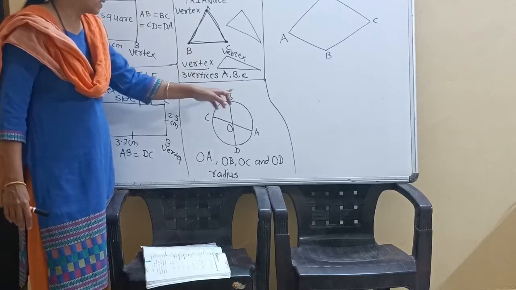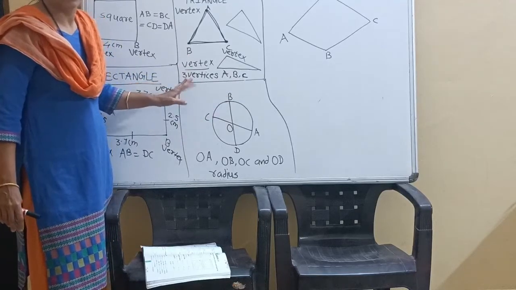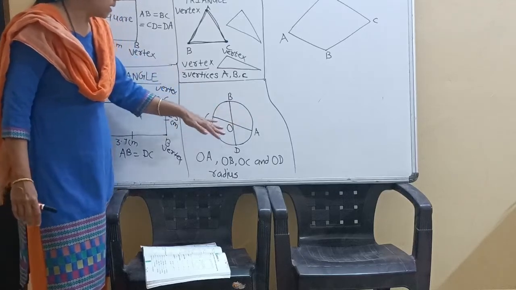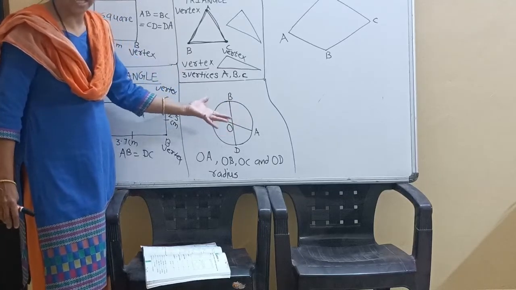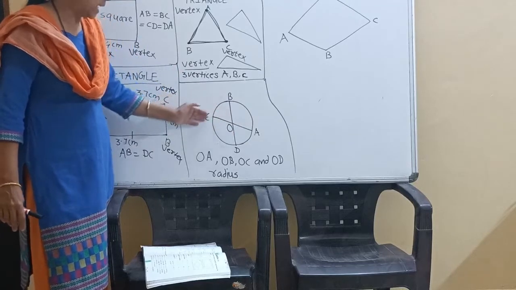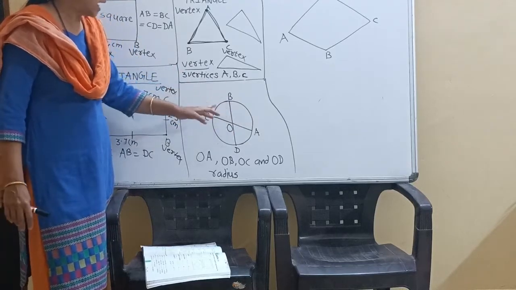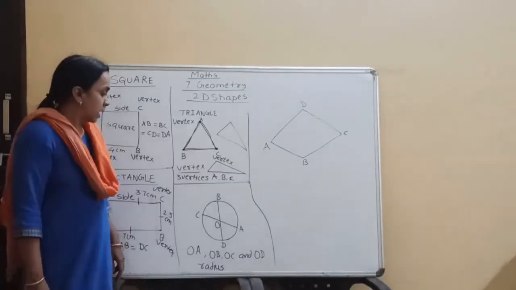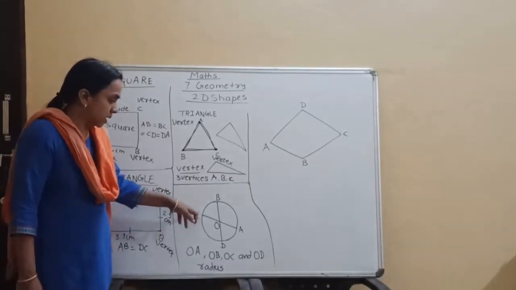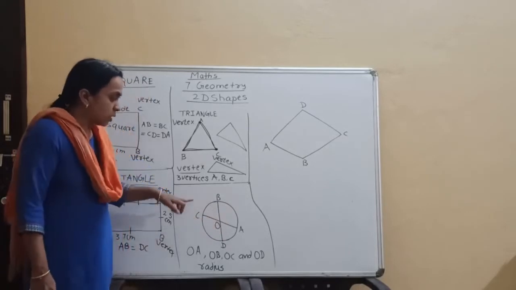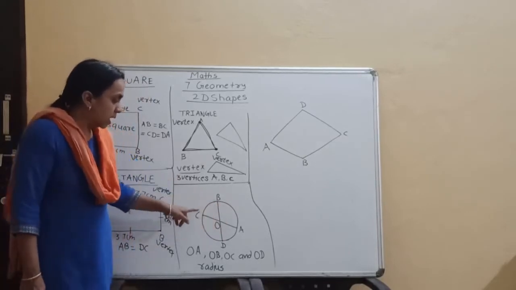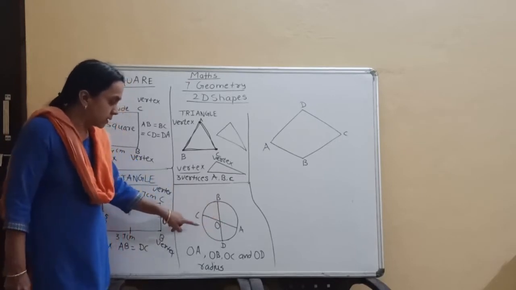So that's why a circle does not have any vertex, because no two sides are there. We cannot see any side properly here, and we can draw it with the help of our hand. In this circle we are not using any kind of scale.